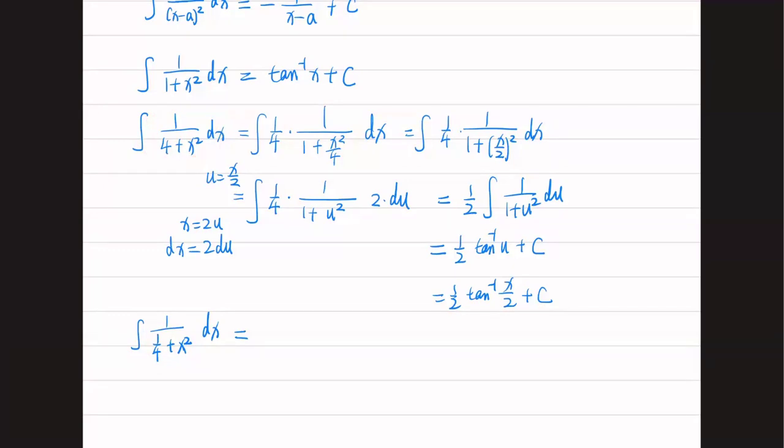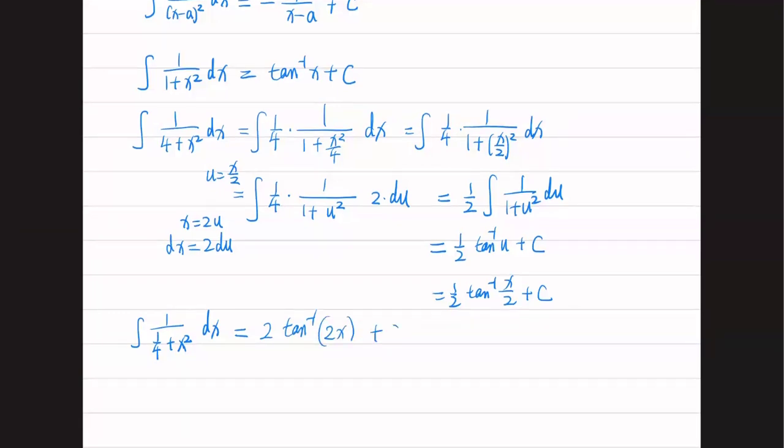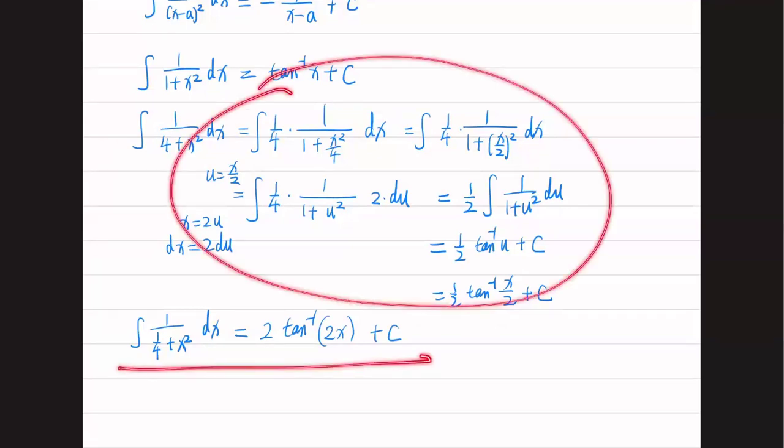Think. So 4 goes to 1/4. So how does this change? So the result should be: 1/2 becomes 2, arctangent 2x. Let's see. And after class, you should verify this following the same steps.